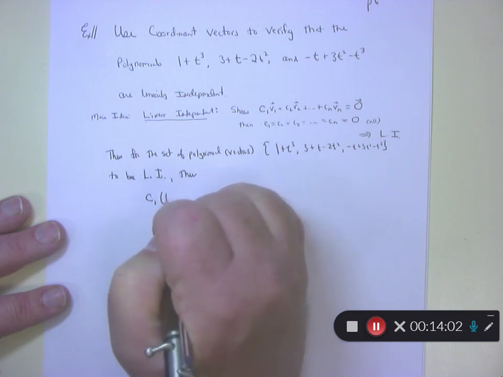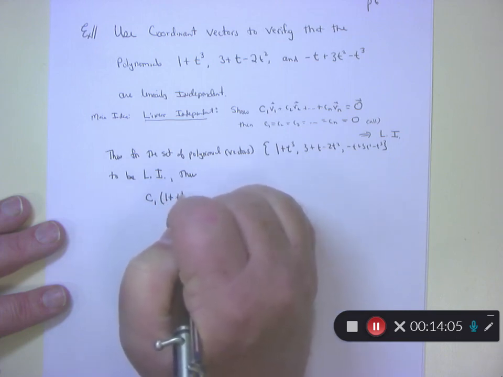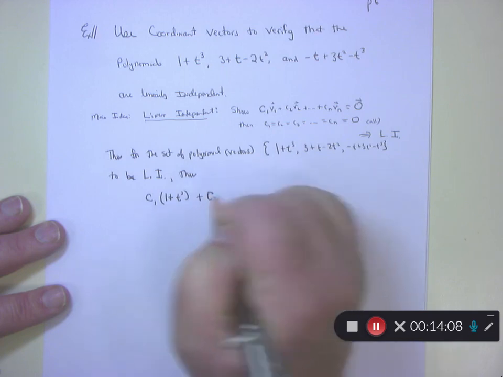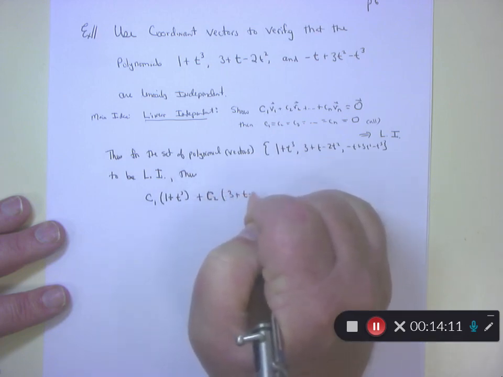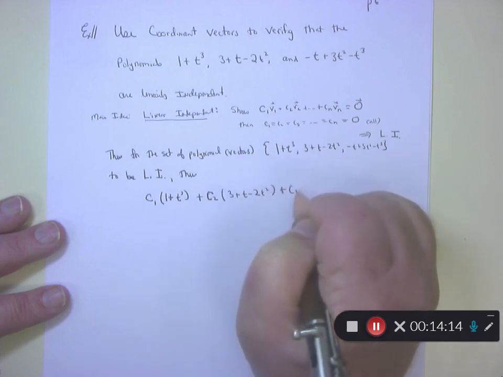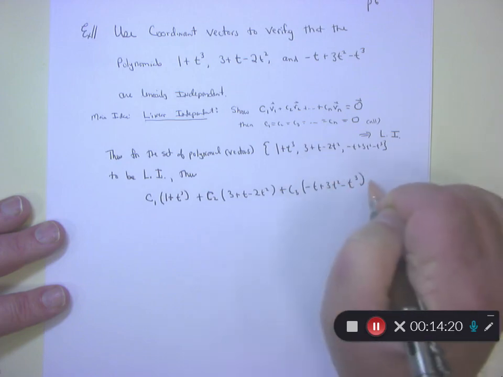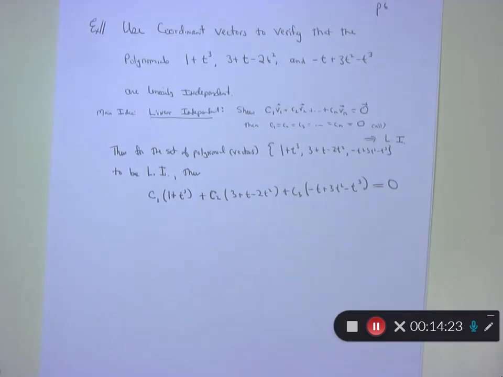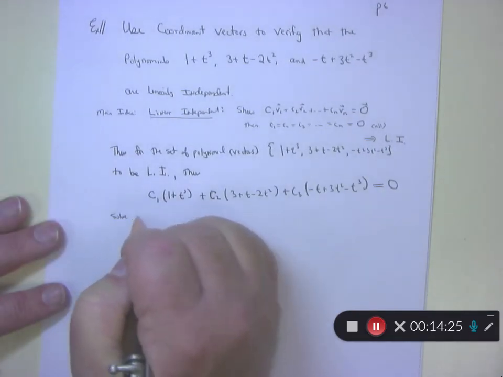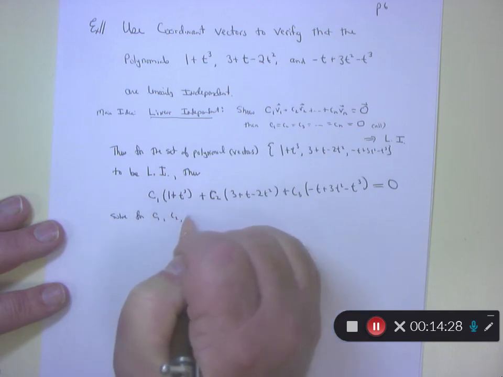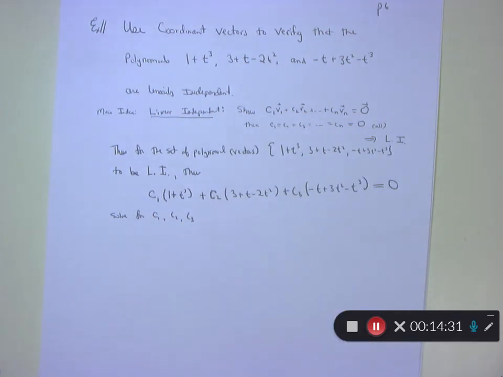C1 times the vector polynomial 1 plus t cubed plus C2 times the vector 3 plus t minus 2t squared plus C3 times negative t plus 3t squared minus t cubed equals 0. Then I want you to solve for C1, C2, and C3. This is what you have to do to show it's linearly independent or linearly dependent. If you don't get all zeros, then it's linearly dependent. Either way, this is what you have to do to show it to me. Does that make sense?